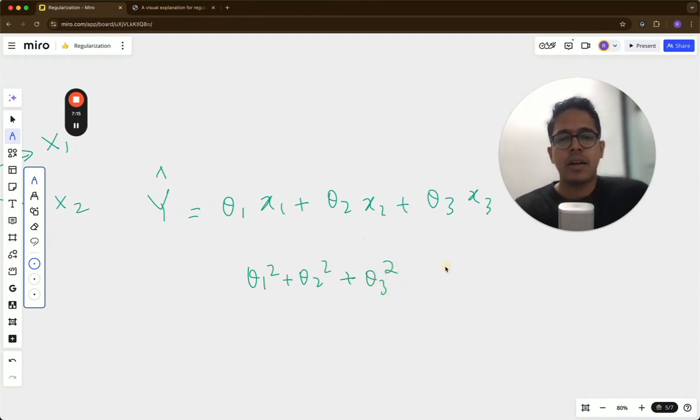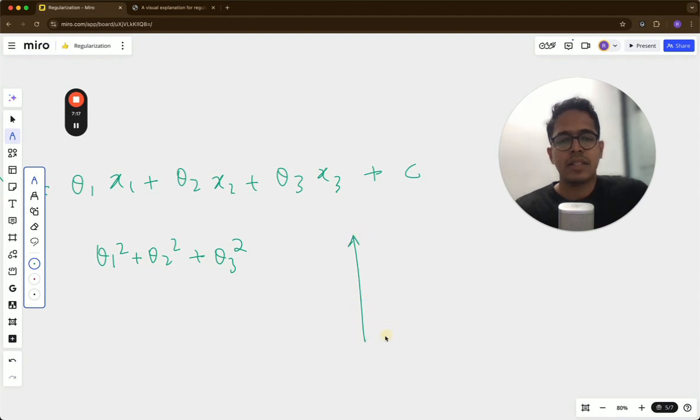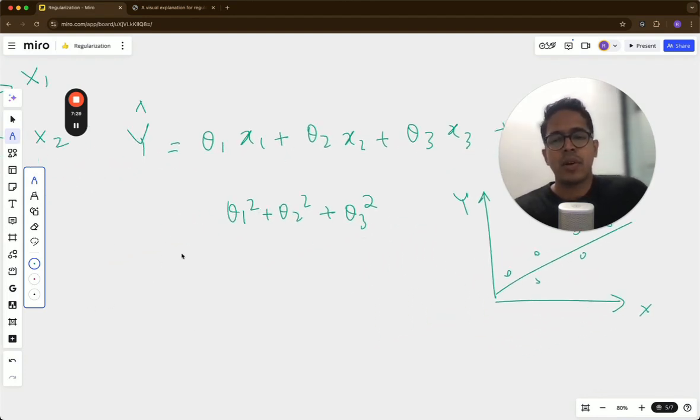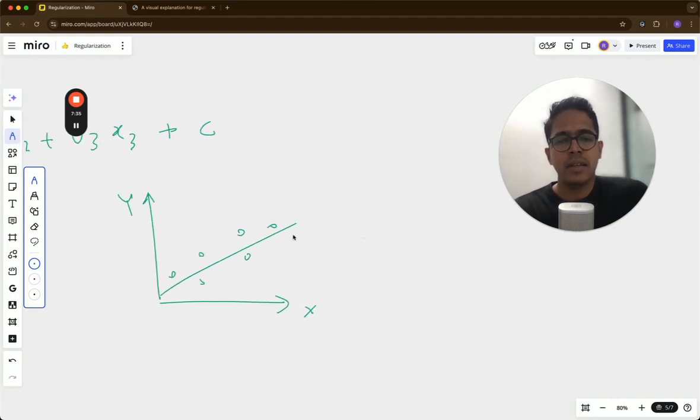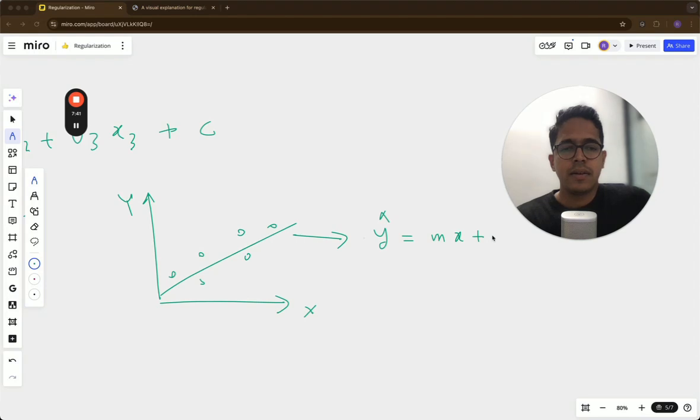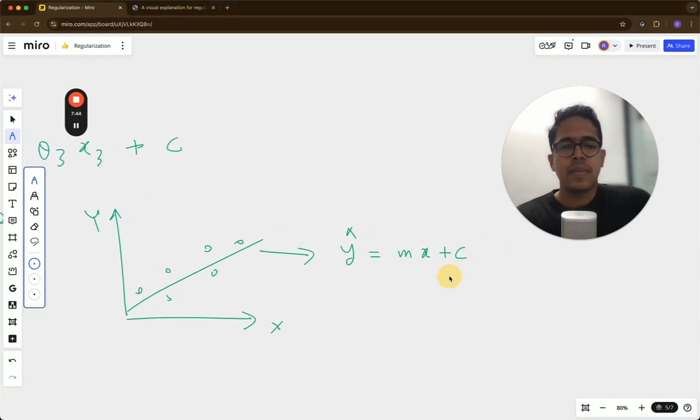In a normal linear regression where you have just one independent variable and one dependent variable, where you have data that looks like this, and this is y and this is x, and this being the linear fit, you have the regularization penalty term, lambda times m square, where m is the slope of this line and this line is represented by y equal to mx plus c.